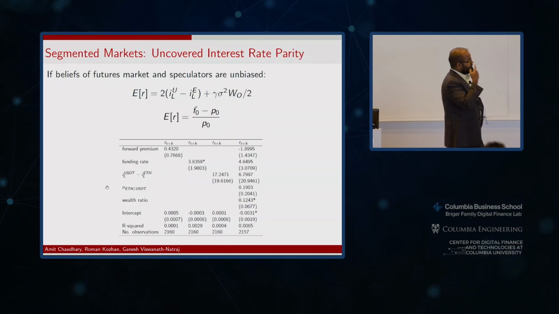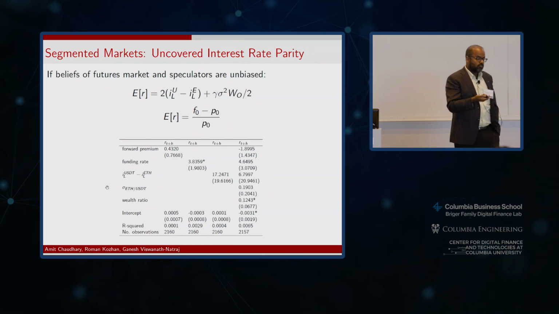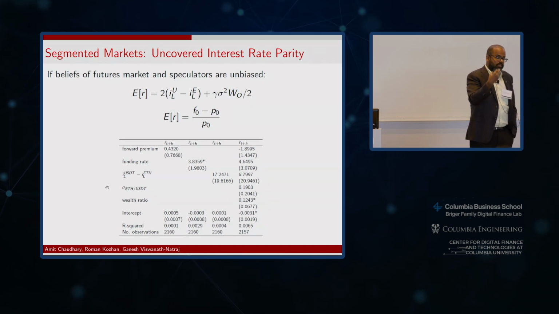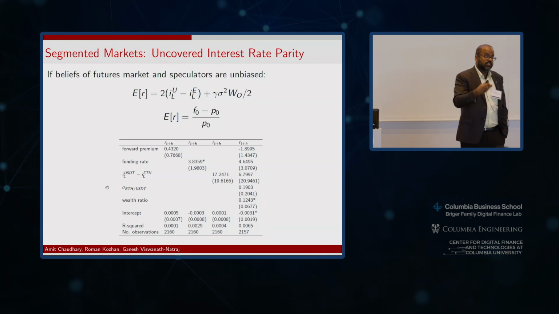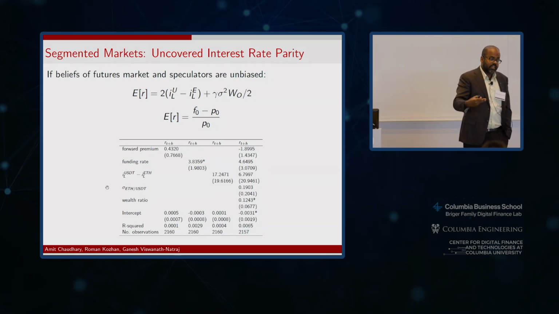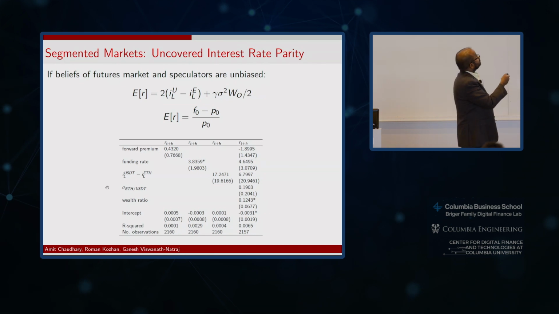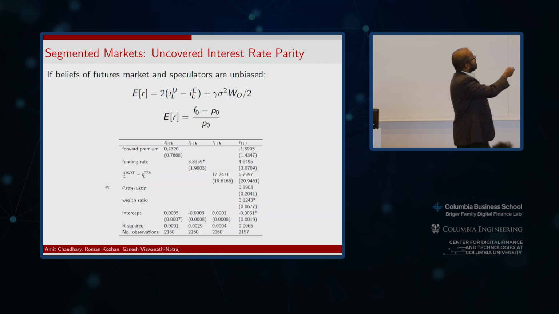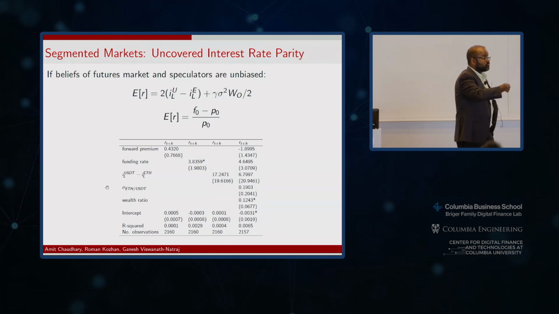The second reason we have for why integration is not very strong is that there are segmented markets. By segmentation, I mean that the beliefs of futures traders are different from the beliefs of traders on the lending protocol. Here we do a very traditional test in FX, which is looking at your future spot returns in the currency market. This R is essentially ETH Tether returns.